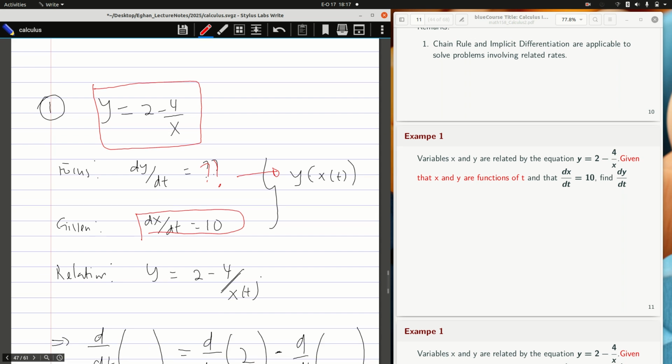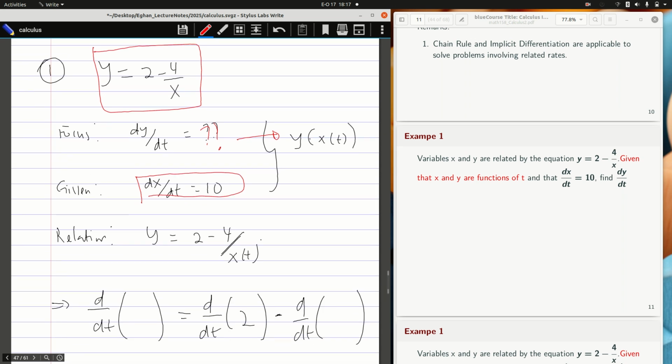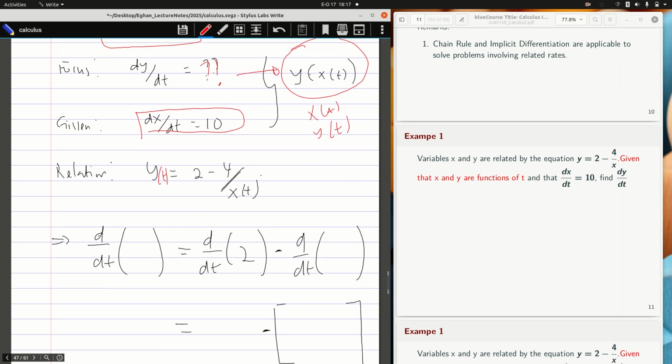And that is the concept again of related rates. Now, because I have x depending on t and y also depending on t, I will write the relation as y of t is equal to 2 minus 4 over x of t, so I'm able to apply the implicit differentiation.